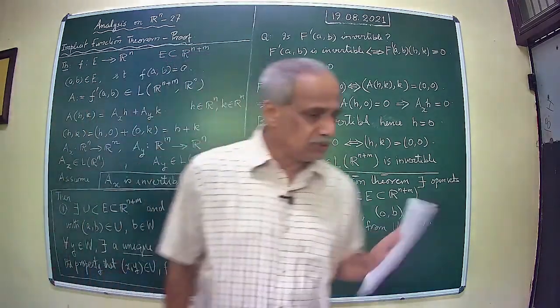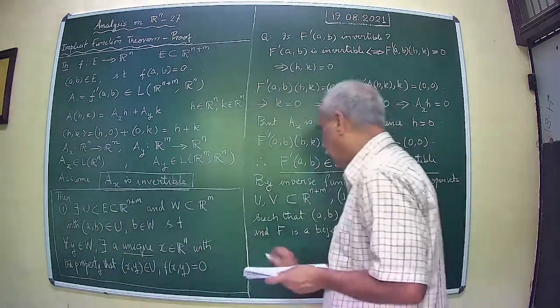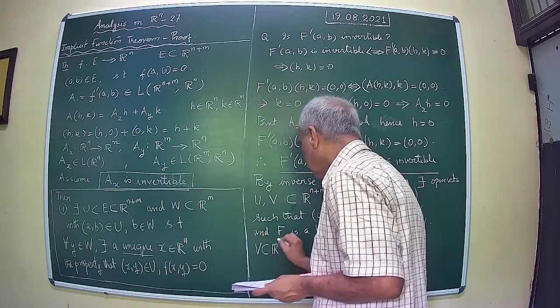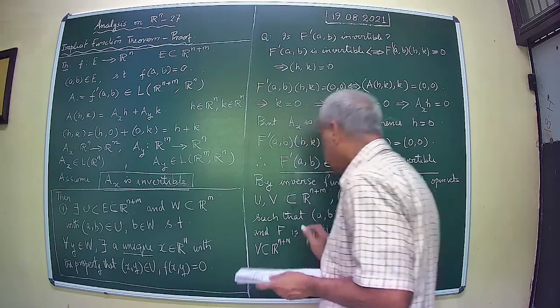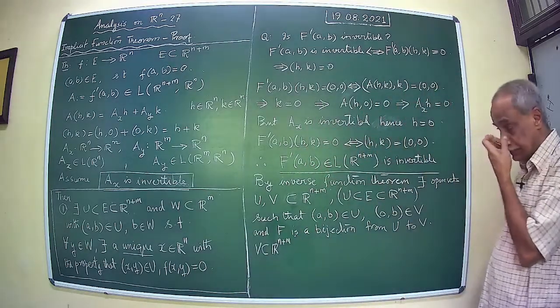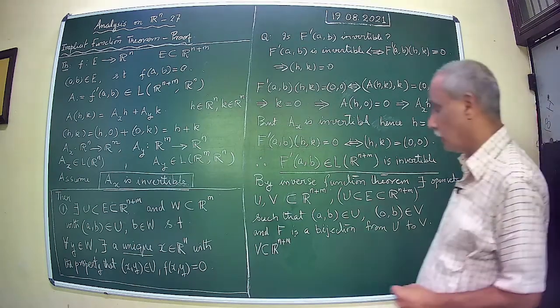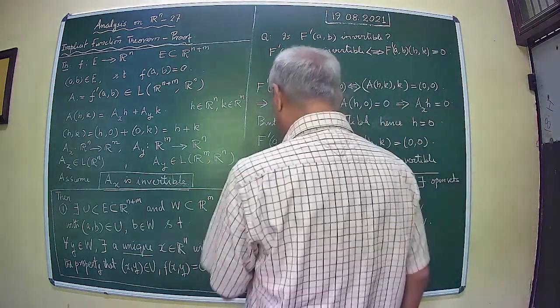Now you note that V is a part of, what I do is I take the intersection of V with Rm.